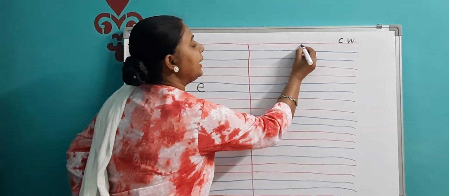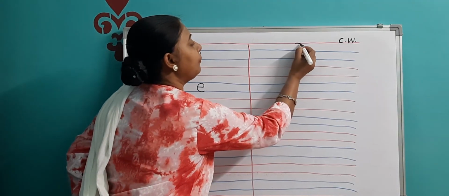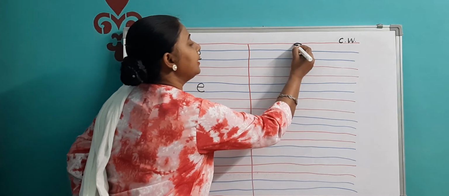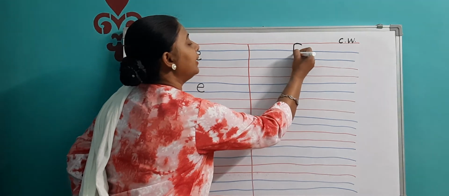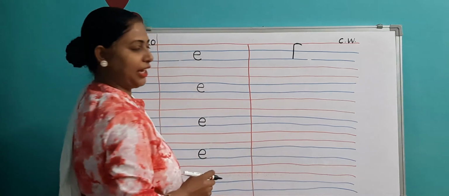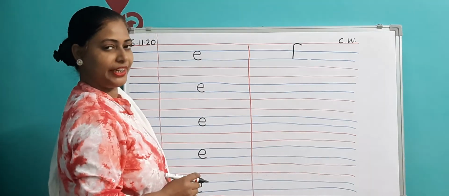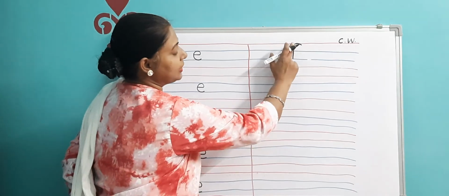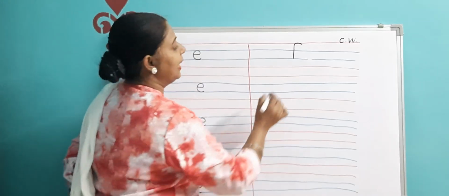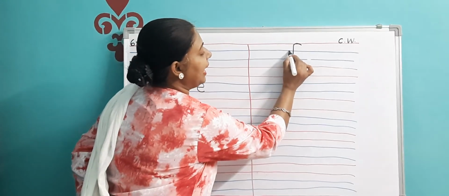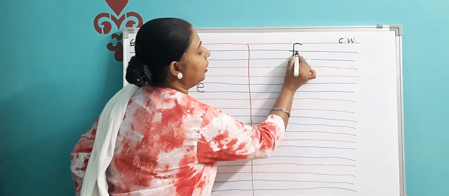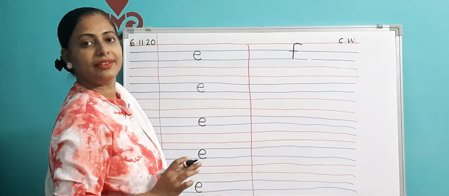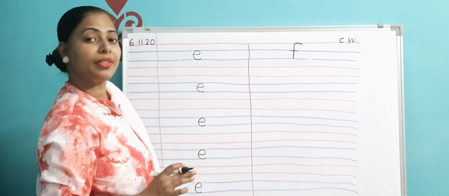From the first line you start and draw a grandfather's stick like this. You must have seen a grandfather's stick is like this. Just make a stick like this, and then on the second line, the blue line, you draw a sleeping line. This has become small f.